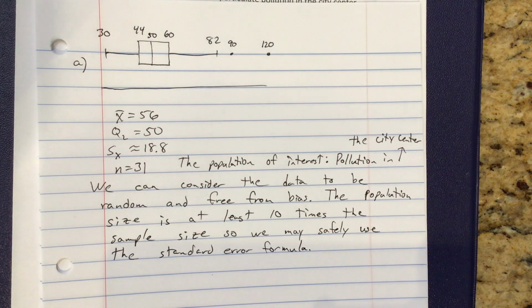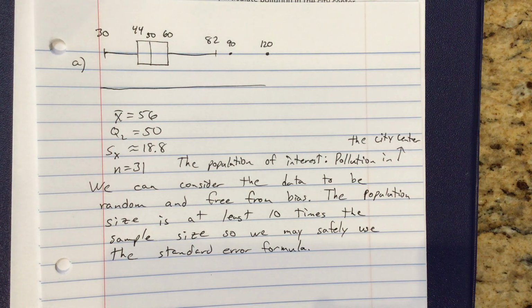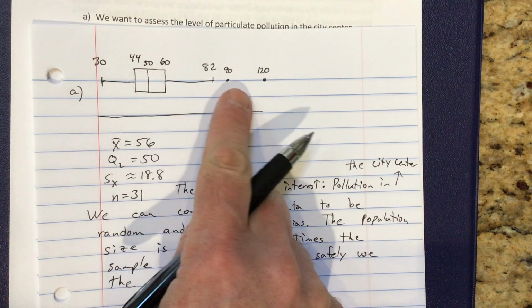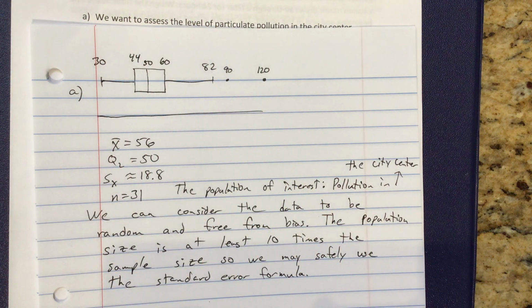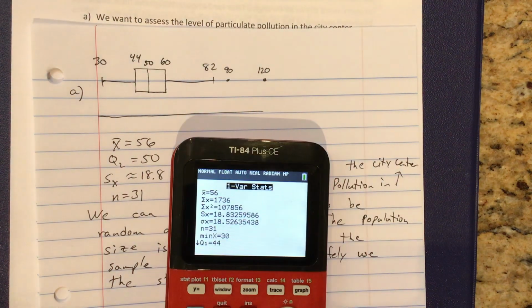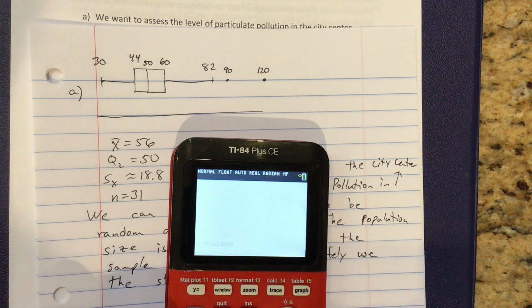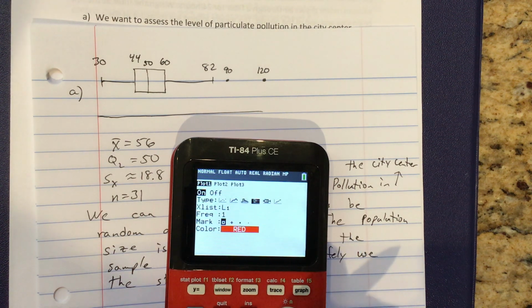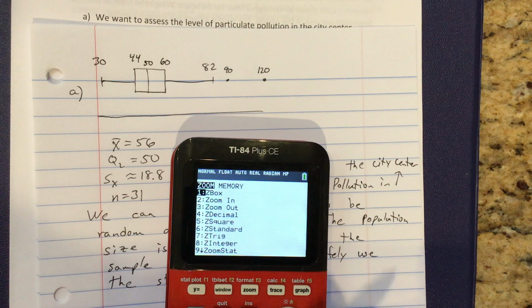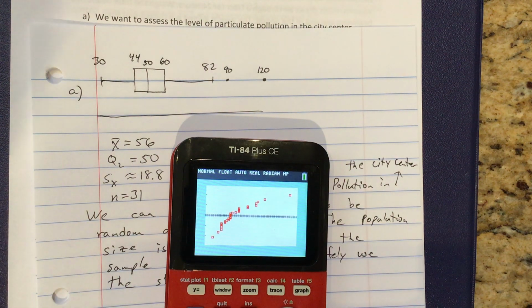All right, last requirement of the test is normality. We do have 2 outliers, so that could be a problem. Let's go ahead and do a normal probability plot just to follow up. And there's our normal probability plot.